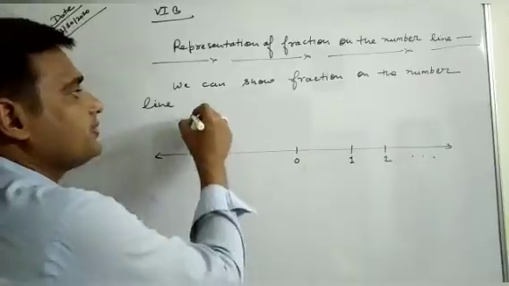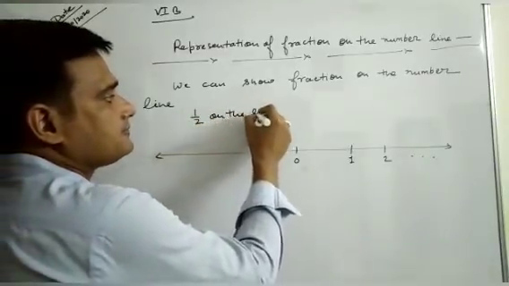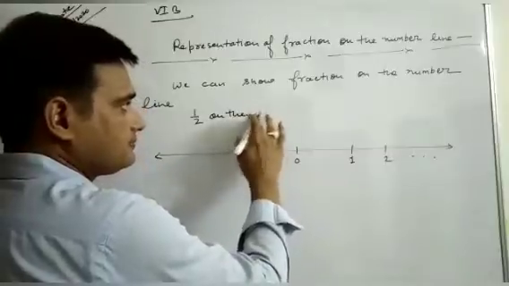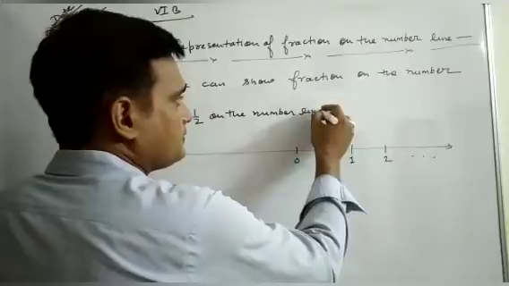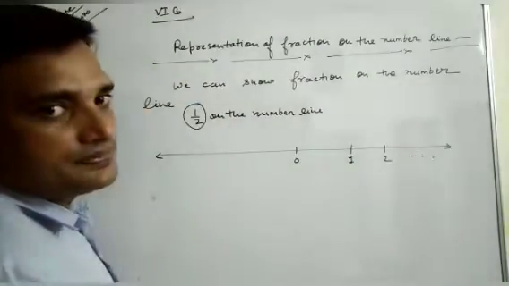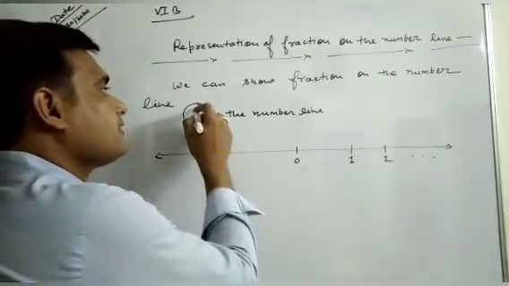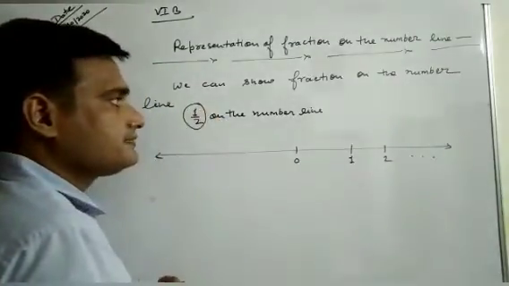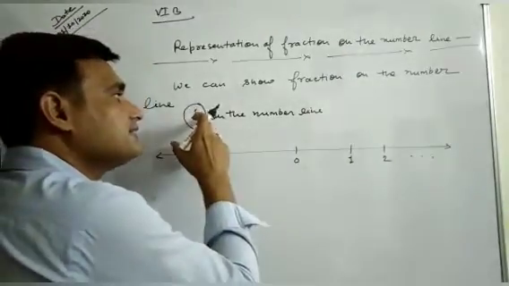Now first we show 1 upon 2 on the number line. Here you see that 1 upon 2 is a proper fraction because its numerator is less than its denominator.